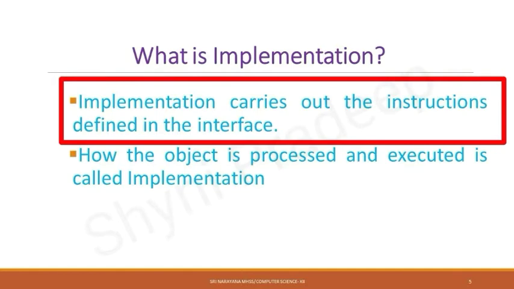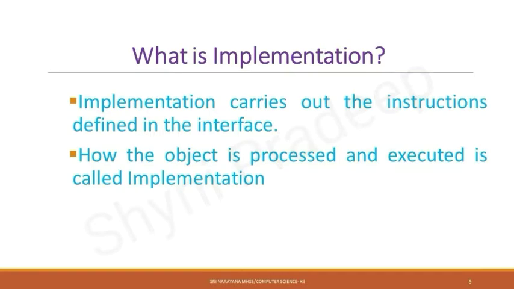So what is implementation? Implementation carries out the instructions defined in the interface. Instructions means what? The operations that you declared in the interface. So, the interface defines what an object can do, but it does not actually do it. Interface can't do anything, but the implementation does all the things.